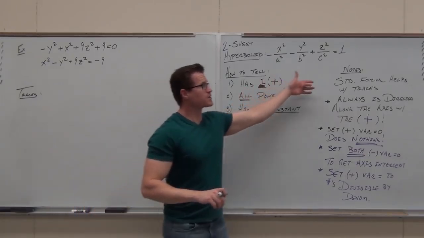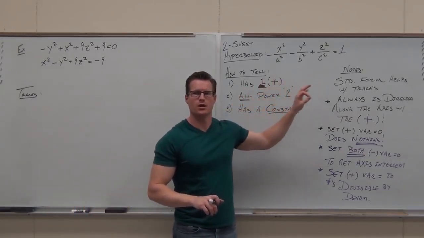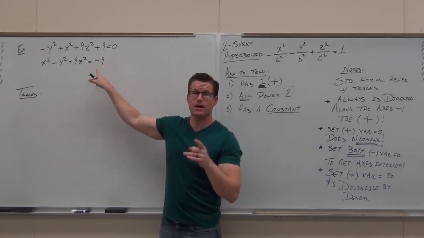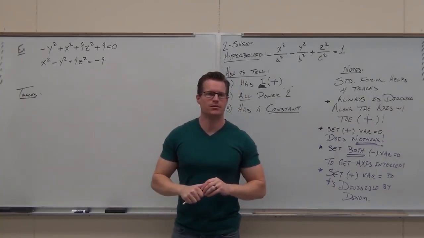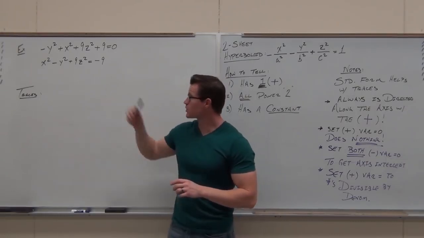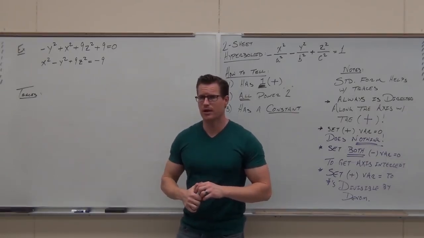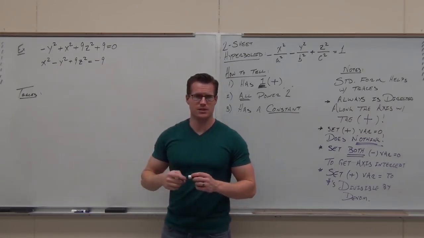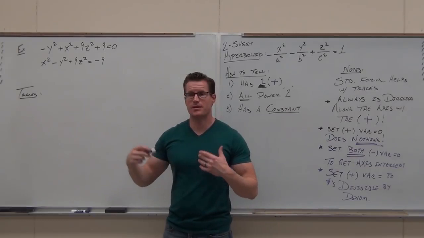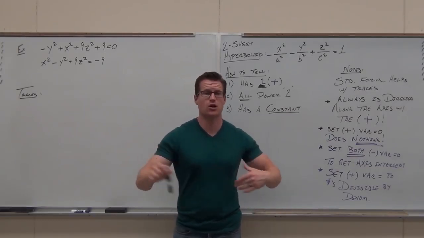Told you, it's not super necessary, but standard form really helps. What number do I want right there? Positive 1. Notice what's going to happen. If you try to tell me what's going on right now, you are going to tell me a 1-sheet hyperboloid if you do not take that into account. Does that make sense? Get it to standard form, you never make that mistake. So let's divide by the -9, and we're going to change all of our signs.